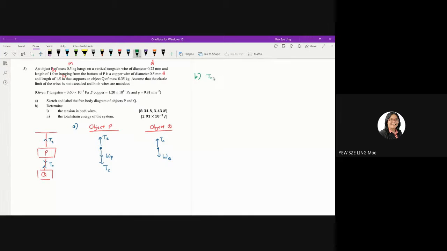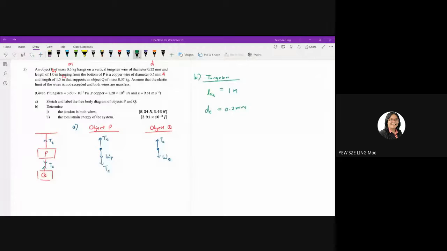So the information for tungsten wire, I have L naught with a small subscript P equals 1 meter. And then D for tungsten wire equals 0.2 mm.